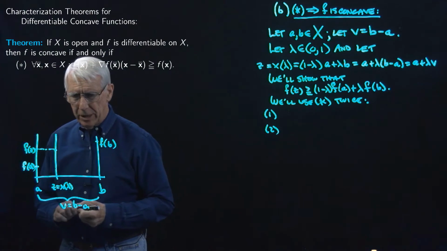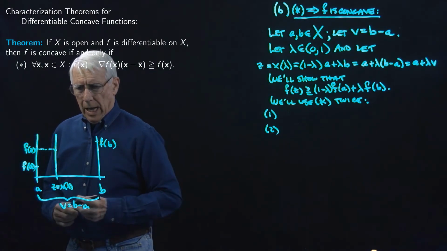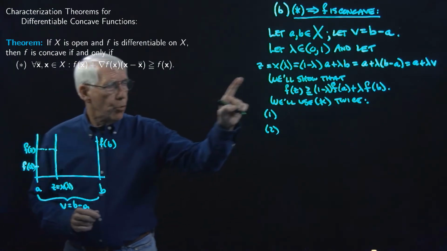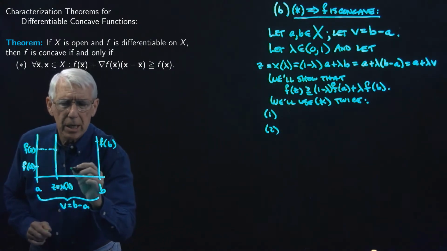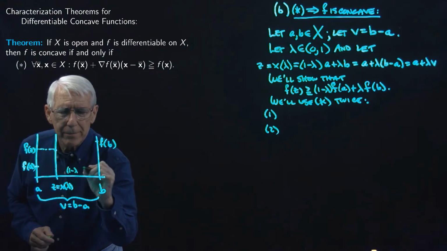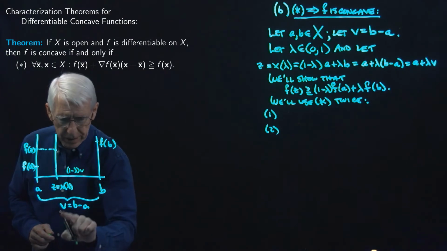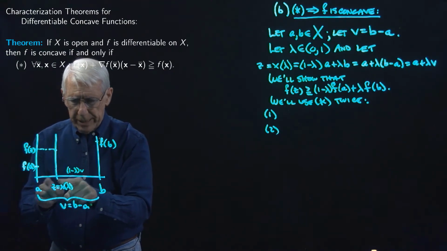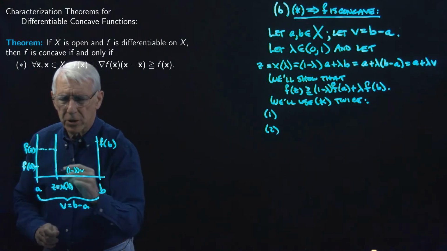Now, I'm actually going to switch markers here because this one's things are starting to get a little bit fat here. So let's do one more thing here, and that is let's note that this is 1 minus lambda times v. So lambda brings us from here over to here, and 1 minus lambda is the rest of the way.